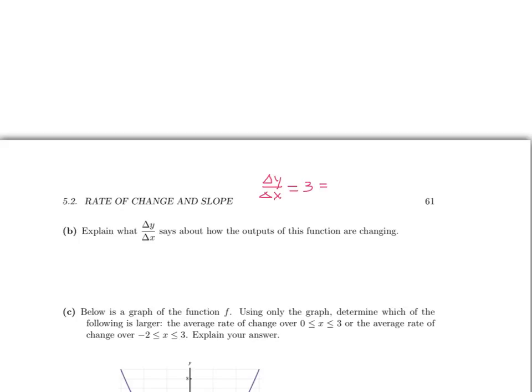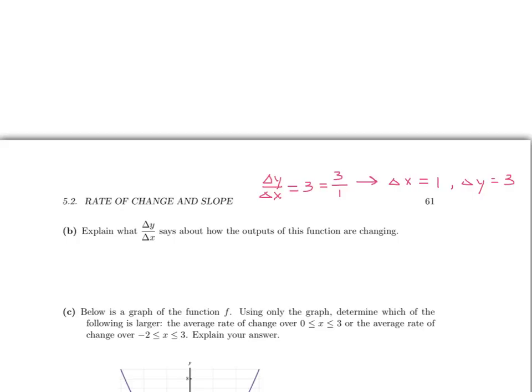I'm going to go ahead and write this as 3 over 1. So the denominator in this fraction still represents a change in x, and the numerator still represents a change in y. So in particular, we have a change in x of 1 and a change in y of 3.